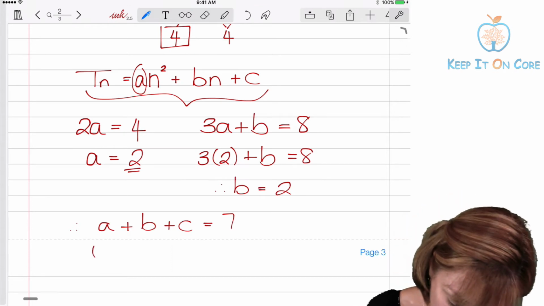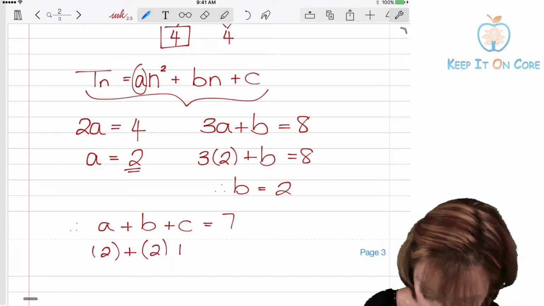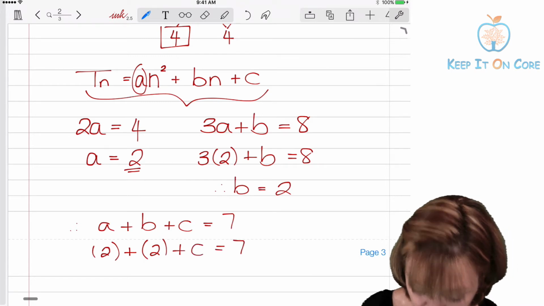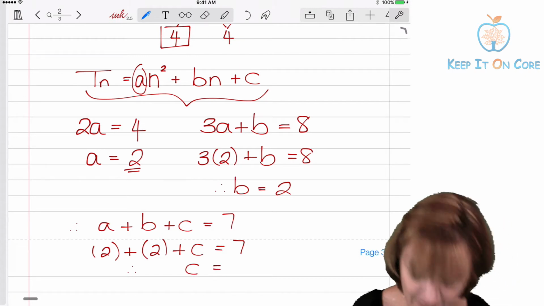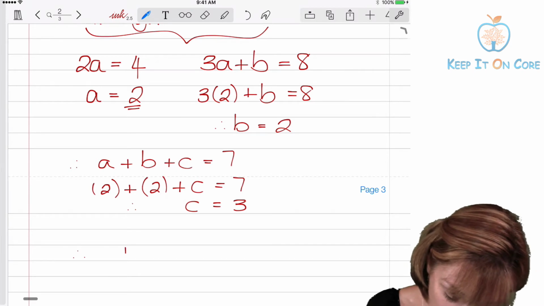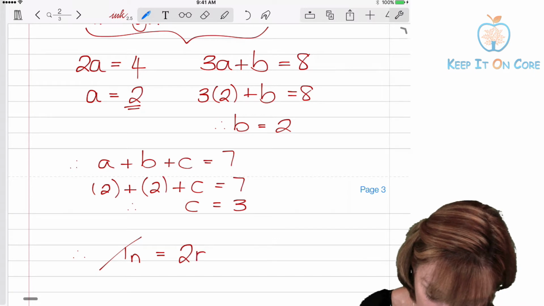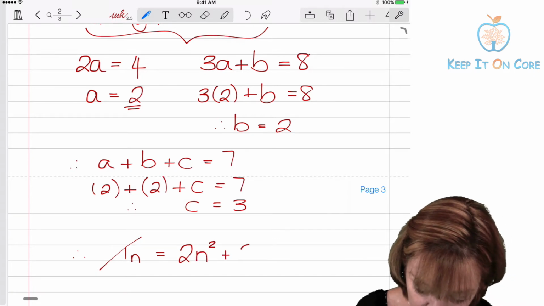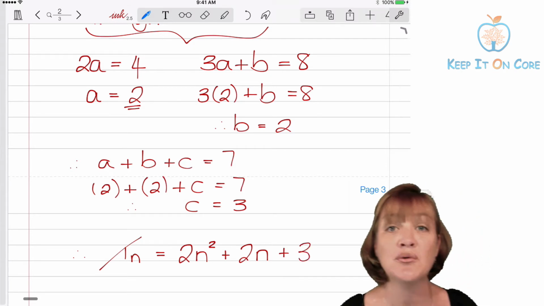Now the a, remember, we knew was 2, the b was 2, and the c is unknown. So c is going to equal 7 take away 4, and that's going to leave you with a difference of 3. So what is my Tn formula? Term n is equal to a, which is 2n squared, plus b, which is 2n, plus 3, which was your c value.